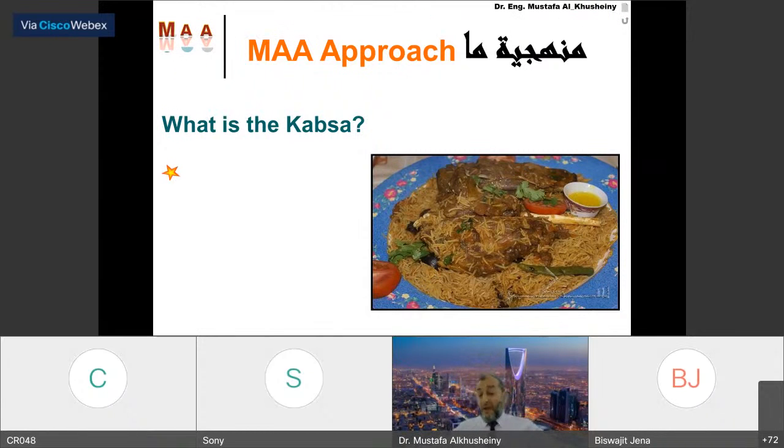If anyone from anywhere in the world comes to Saudi Arabia and asks, what is kabsa? The answer will be limited: kabsa is the best and most tasty meal in Saudi Arabia.